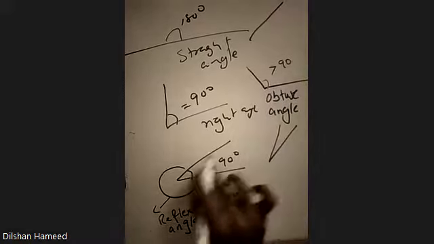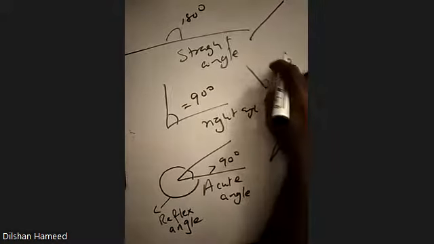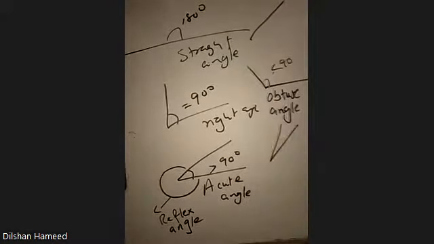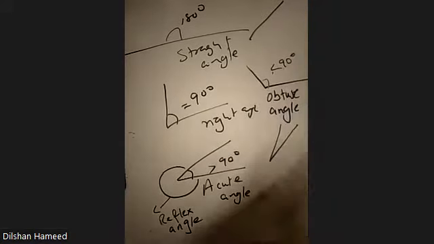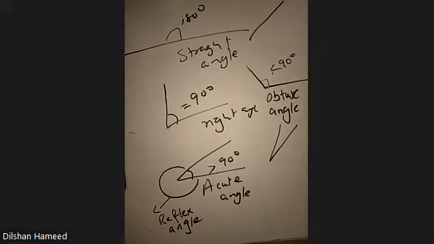So acute should be below 90 degrees and obtuse should be above. Above 90 degree, it's obtuse. Clear?